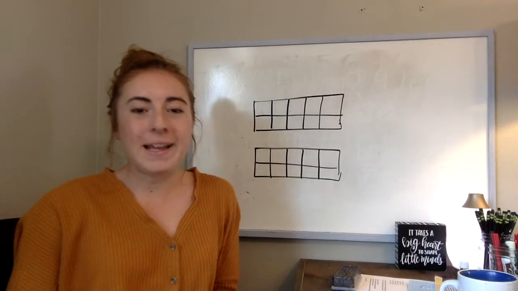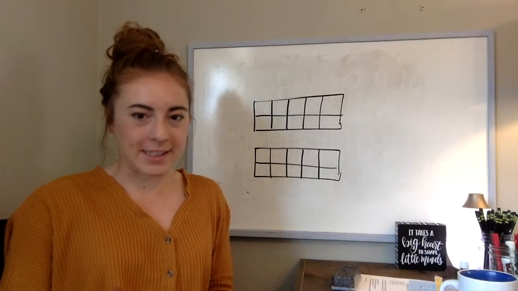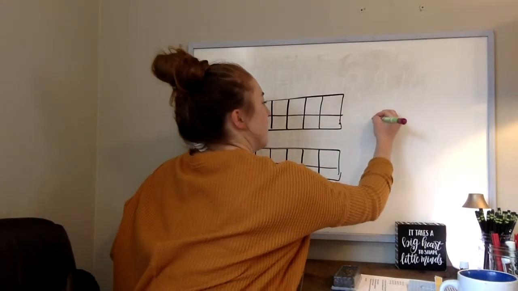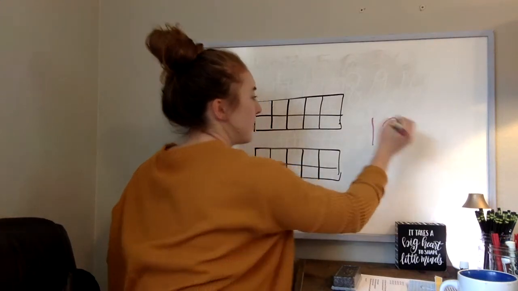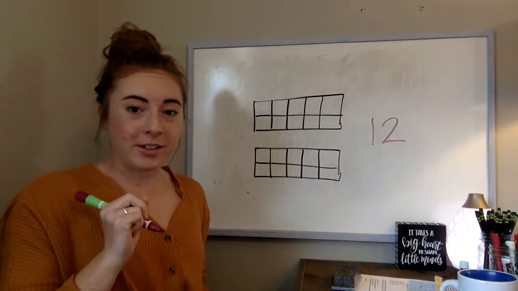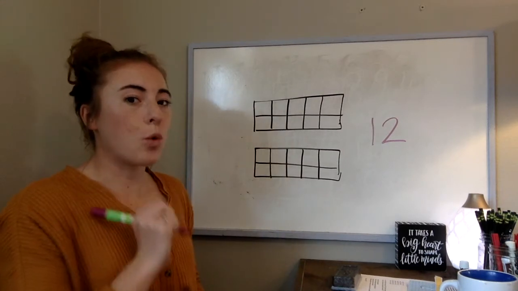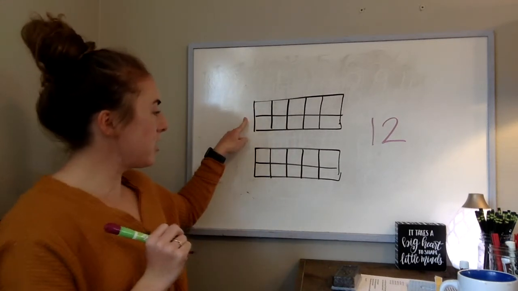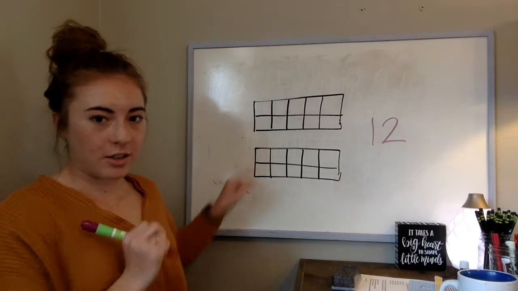Now, can you help me color in 12 boxes? When I color in with my marker, why don't you pretend to color in with your finger? Are you ready? Remember, we have to color in 12. And I have 10 here and 10 here. Okay, ready?